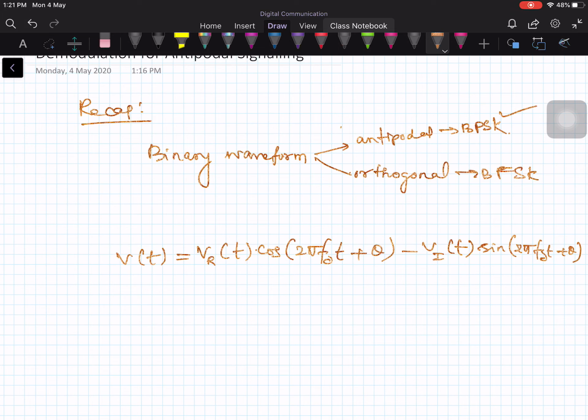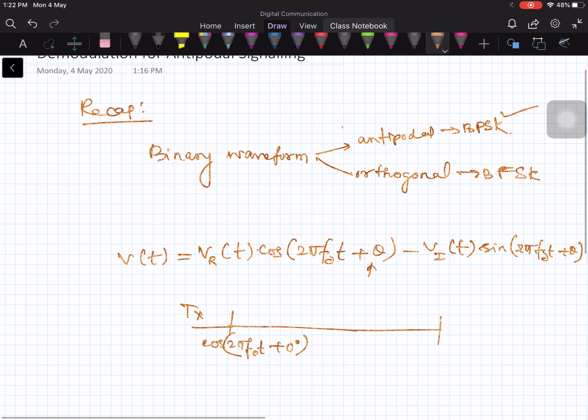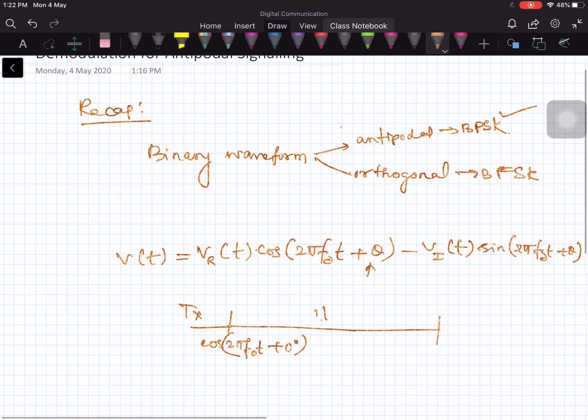And I already told you how this theta comes. Suppose you have the transmitter and it transmits the carrier cos of 2 pi f naught t plus 0 phase shift. Now because of the physical separation, let's say 1 kilometer or 10 kilometers or 100 meters, at the receiver there is a propagation delay, and because of that there is a carrier phase shift.